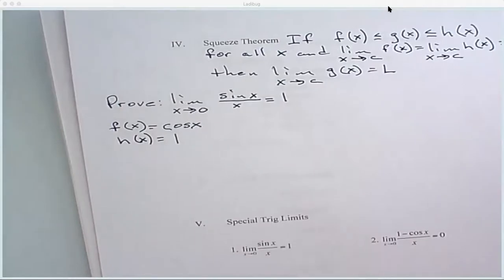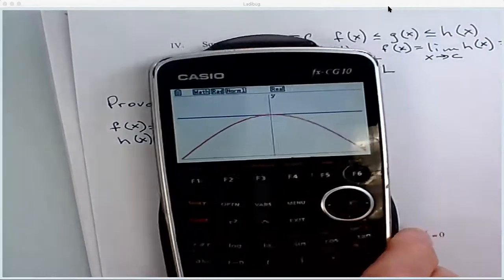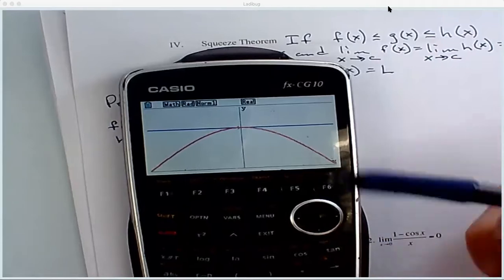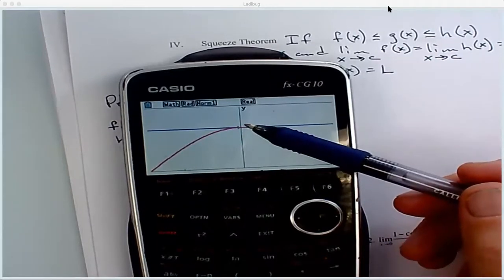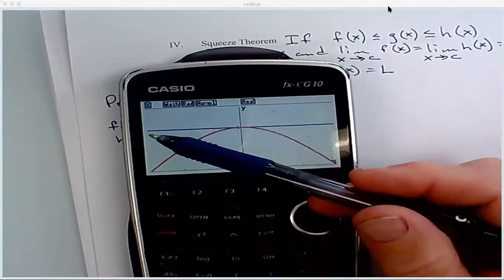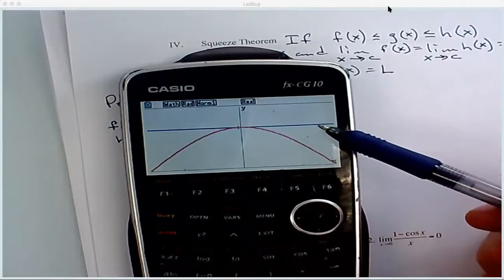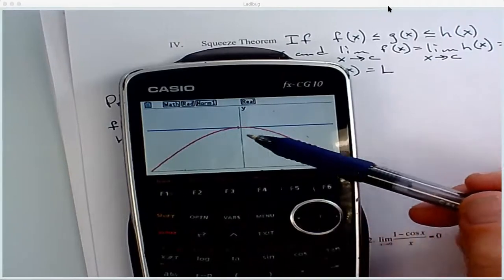So I'm going to come to my machine. And can you see this? Here's 0, right? Here's h, which is 1 the whole time. Here's the top part of the cosine.